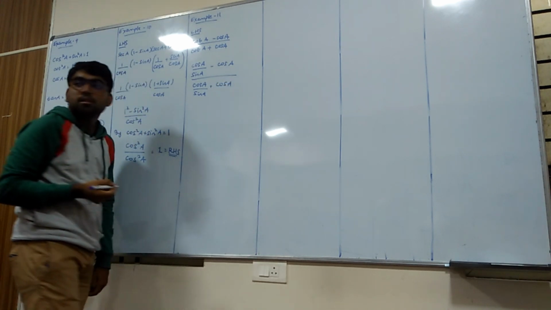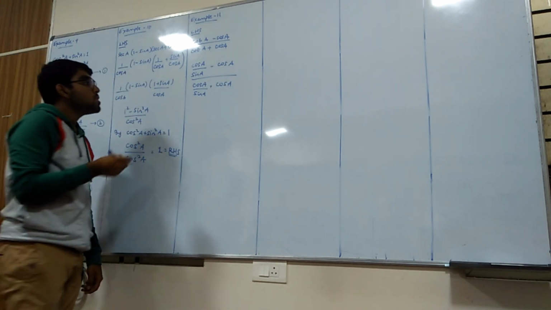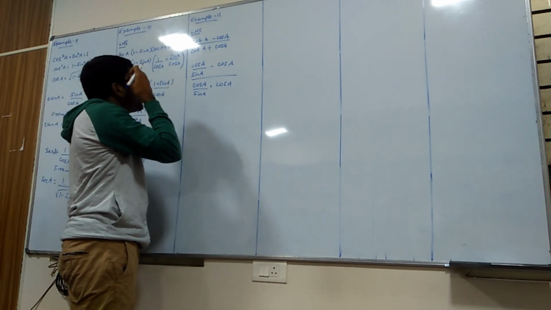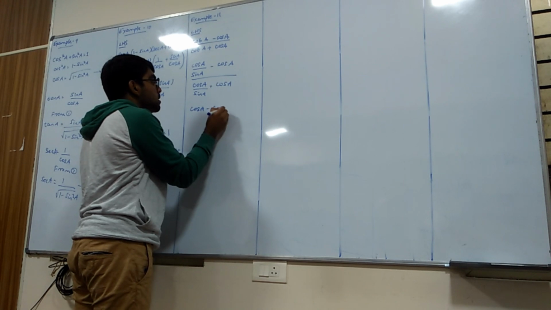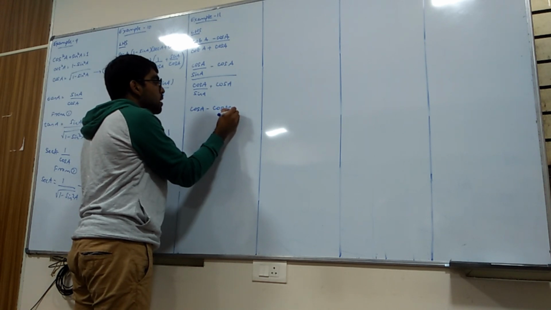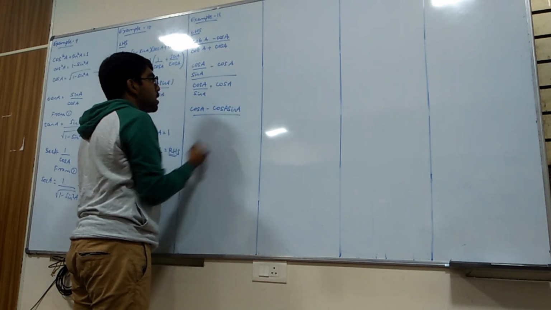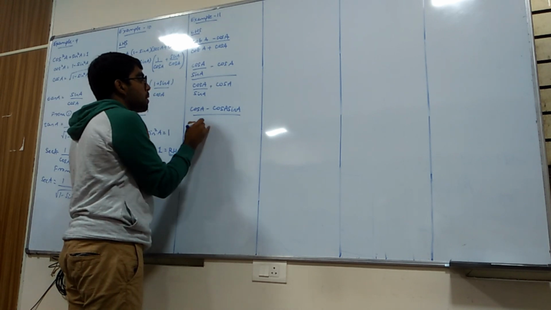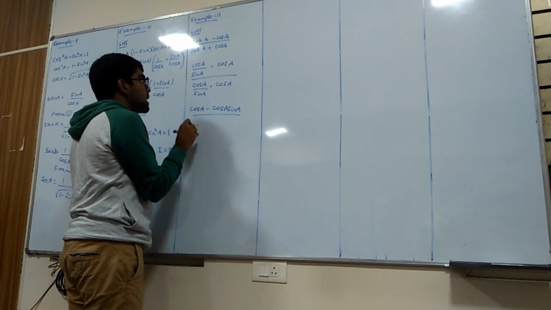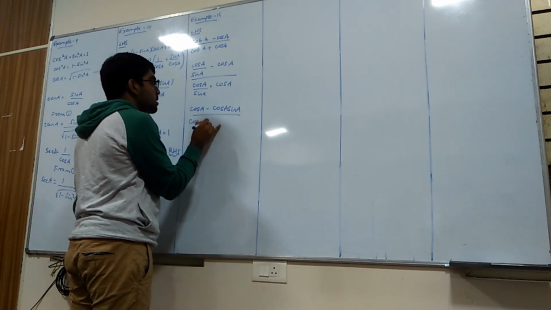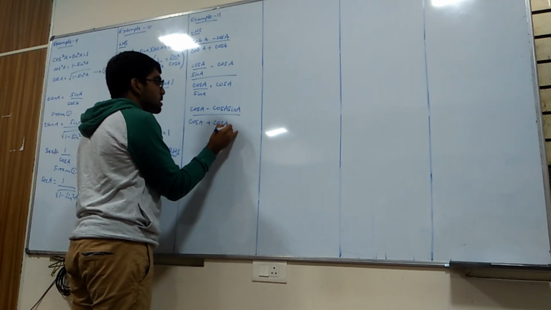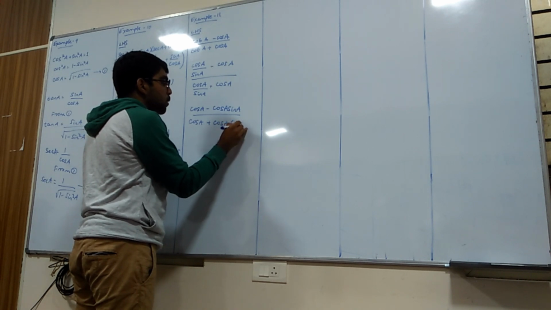Now the LCM of course. Cos A minus cos A sin A, divided by, sin A gets cancelled mutually. So cos A plus cos A sin A.